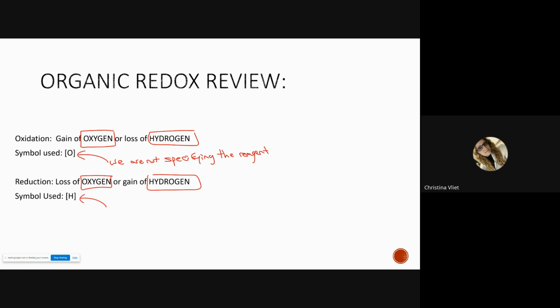This once again is if we are not specifying, it means we're not telling you what the reagent is. You are going to learn the proper reagents for oxidation and reduction. And there are really easy ways to know them that I'll explain. They stick out in the grand scheme of things.